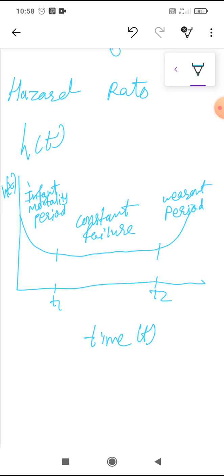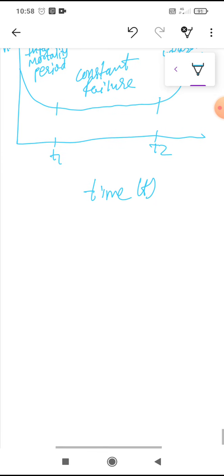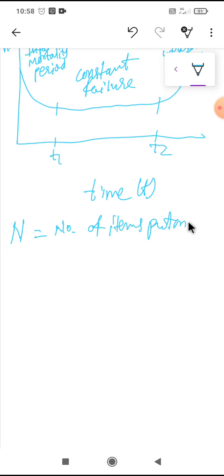So, what is the motivation and development? Suppose n items are put on test at time t equal to 0, so n is the number of items put on test.